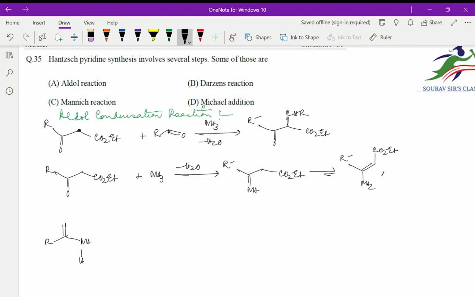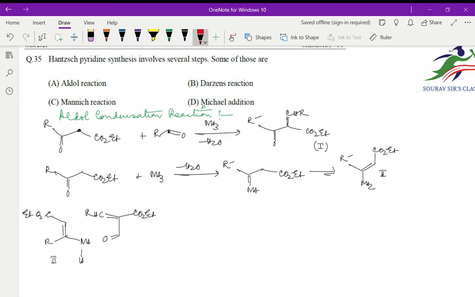So suppose this is my second molecule which I'm writing over here initially, and there goes my CO2Et. I have written my first molecule out here. Alright, so this is this one.